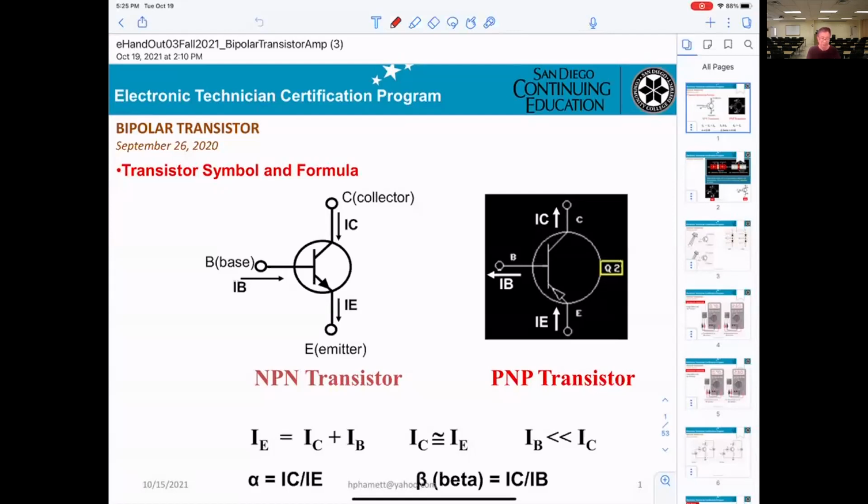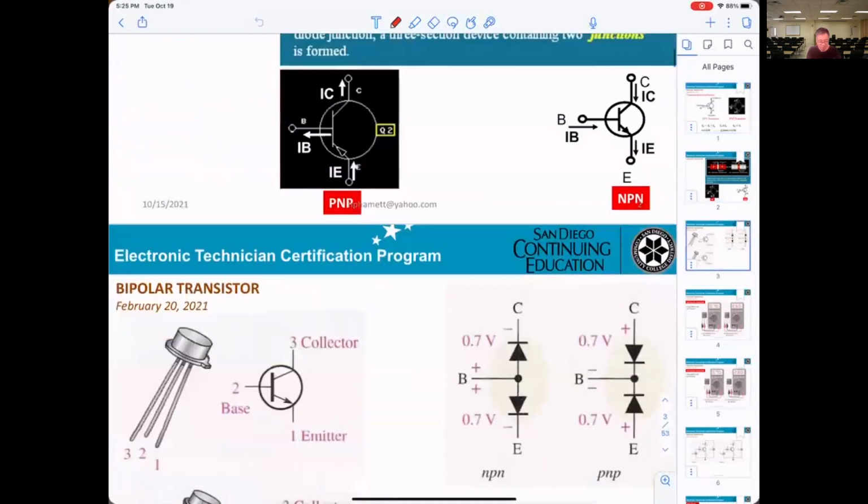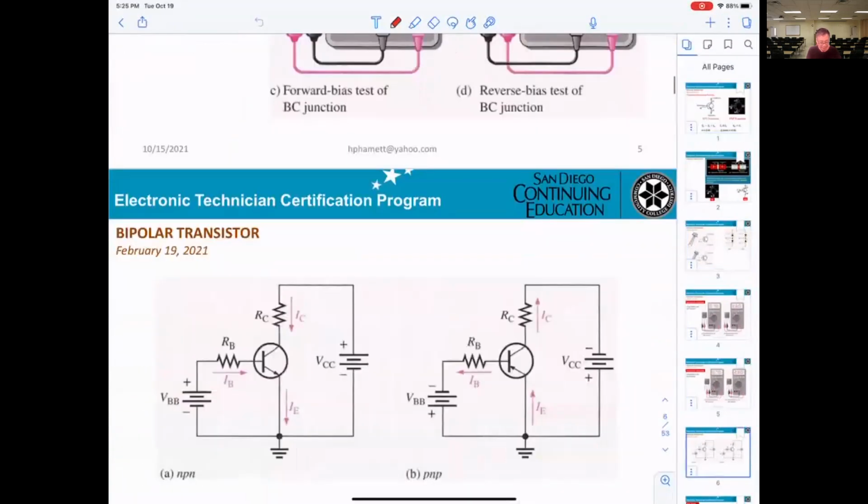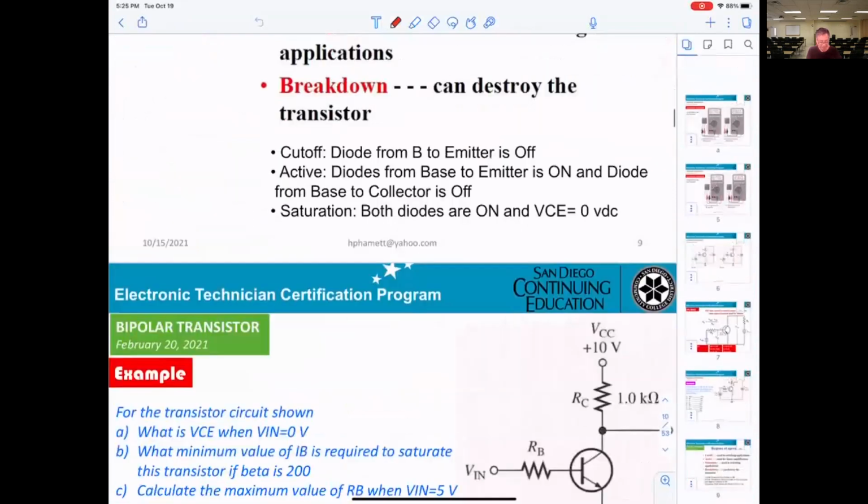The next will be the common collector and the common base. We won't go into too much detail on that. We don't need that.